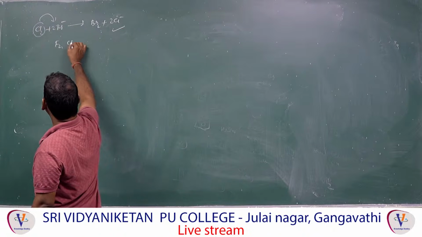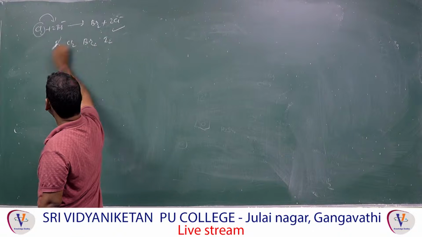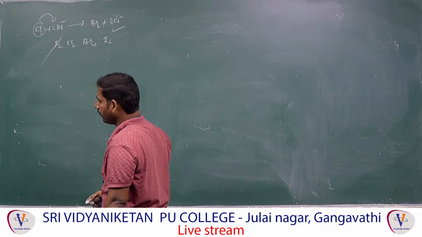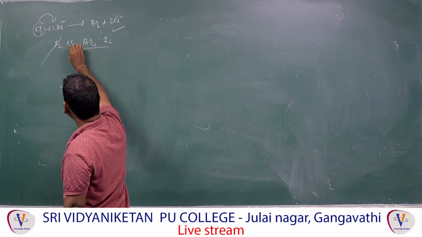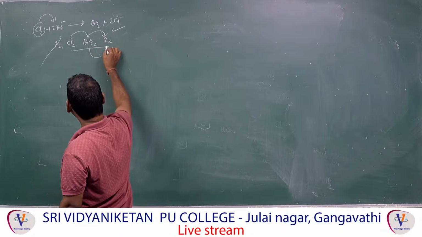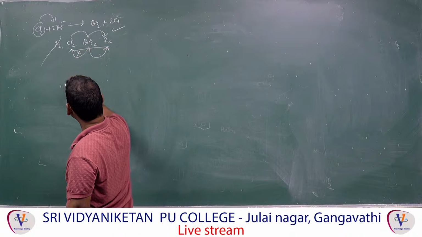How? Fluorine, chlorine, bromine, iodine. Leave fluorine first, because it is more electronegative. In these three, which one is more reactive? Chlorine. Chlorine can replace bromine and iodine. Bromine can replace iodine, but bromine cannot replace chlorine.